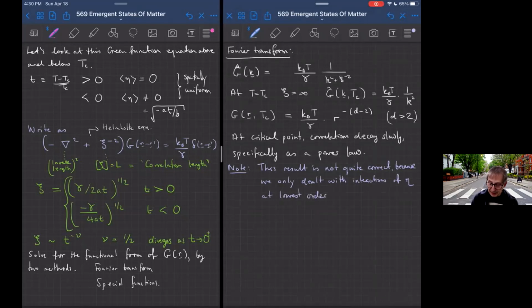So this is a mean field Landau theory result in the so-called Gaussian approximation.